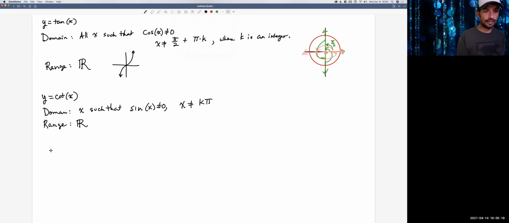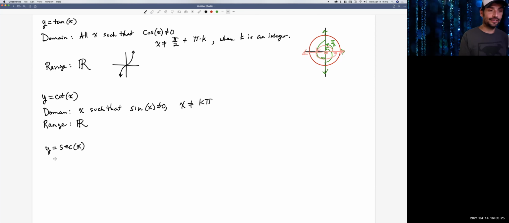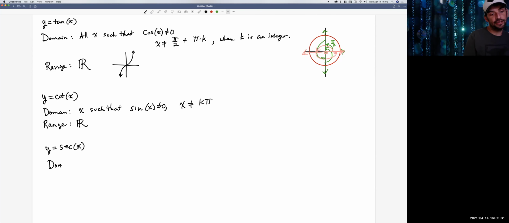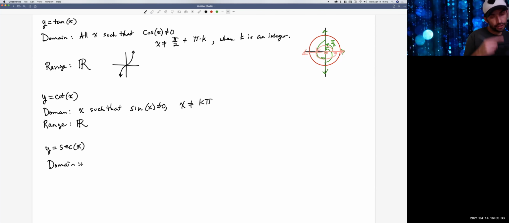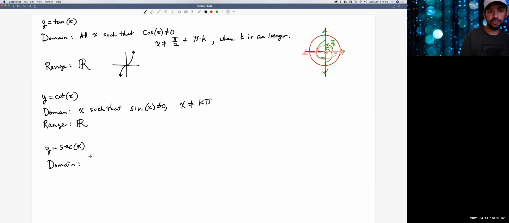And then let's continue with secant of x. This is the reciprocal of cosine, and so its domain is going to be where cosine is not equal to 0, so the same as tangent.